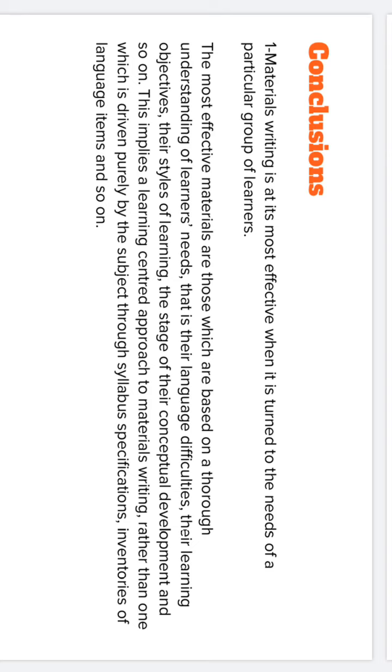The most effective materials are those which are based on a thorough understanding of learners' needs, that is, their language difficulties, their learning objectives, their styles of learning, the stages of their conceptual development, and so on. This implies a learning-centered approach to materials writing, rather than one which is driven purely by the subject through syllabus specifications, inventories of language items, and so on.